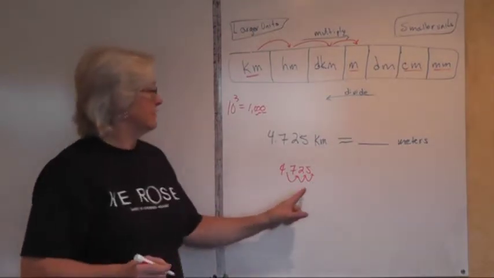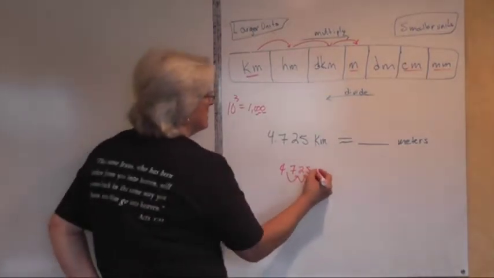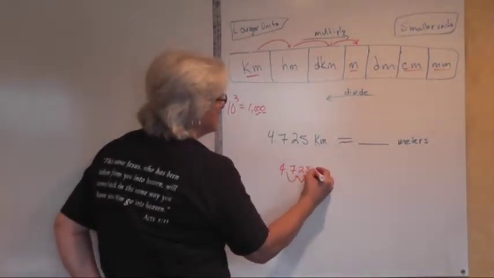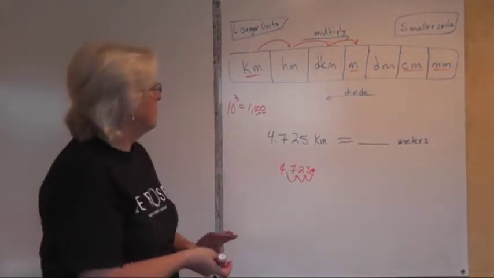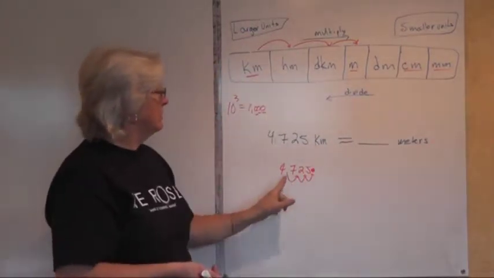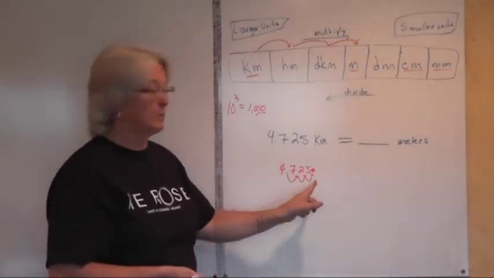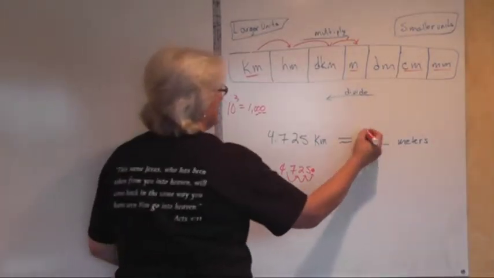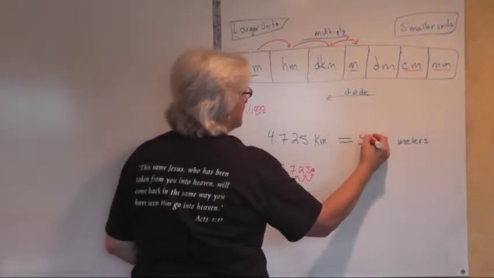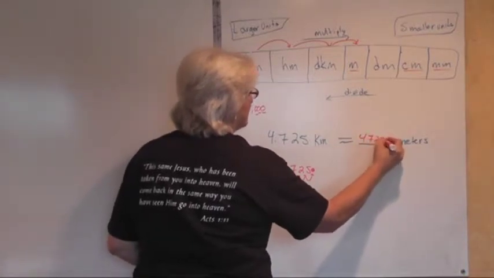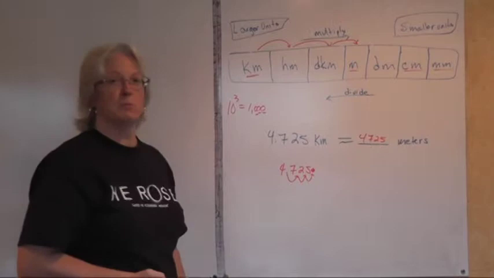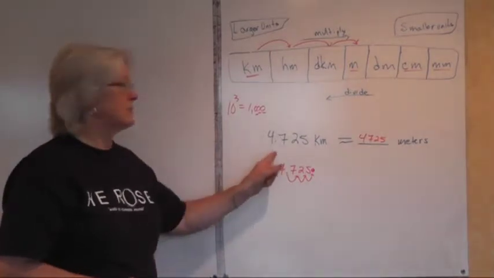And this is, I think, what they're trying to get you to realize with this step. We're multiplying by 10 to the third. We're going to move our decimal point 3 places to the right when we multiply. So we have 4.725 kilometers is 4,725 meters because we've multiplied by 1,000.